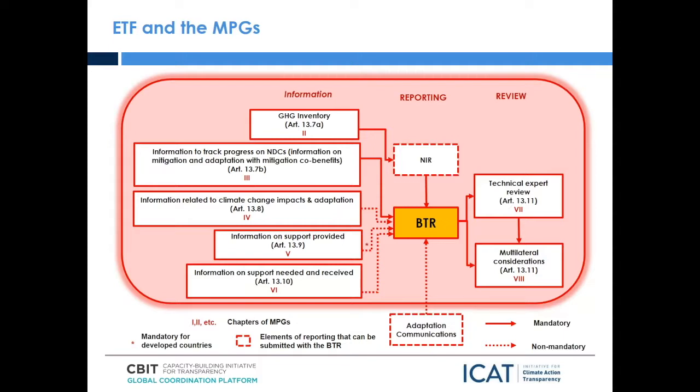And essentially, the technical expert review and the multilateral consideration take into consideration the NIR, so the greenhouse gas inventory, the information to track progress on NDCs, and the information on financial support, technology development and transfer, and capacity building support provided and mobilized to the developing countries.